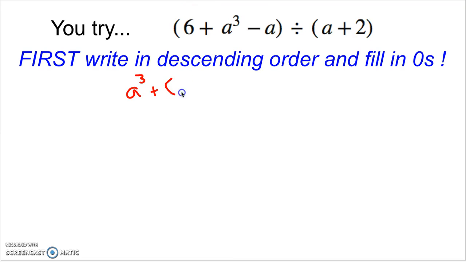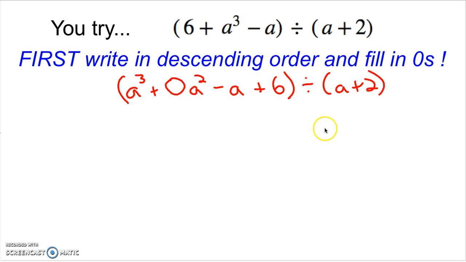This is where it's very important to fill in a 0 a squared. The next term in order would be a, and I have that one, so minus a is coming from here. And the final term would be a constant, which I also have, that's a +6. So this is my problem rewritten in descending order with the holes filled in.